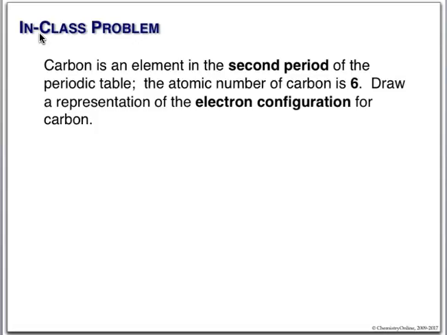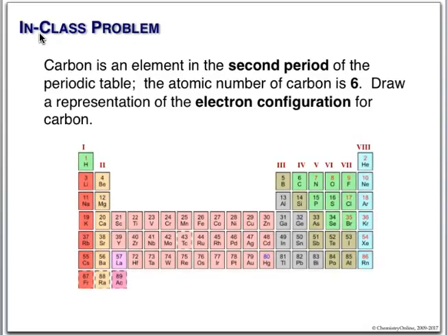Let's go back to our friend carbon. It's in the second period. Atomic number is 6. So it has 6 electrons we're dealing with. What we want to do is draw a representation of the electron structure. All right, let's look at our periodic table again.